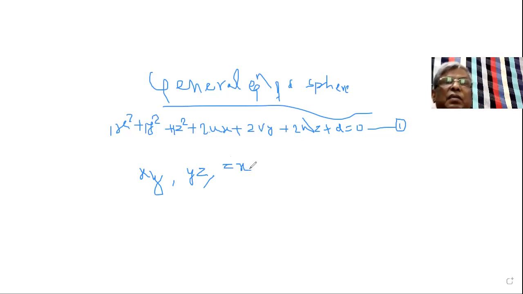This is the specific characteristic of the general equation of a sphere, that the coefficients of x square, y square and z square are always equal, means unity here, and you can't find any coefficient of x into y, y into z and z into x. So students, you are suggested that you should remember the general equation of a sphere, because this is going to play a very vital role in your future study of this topic.